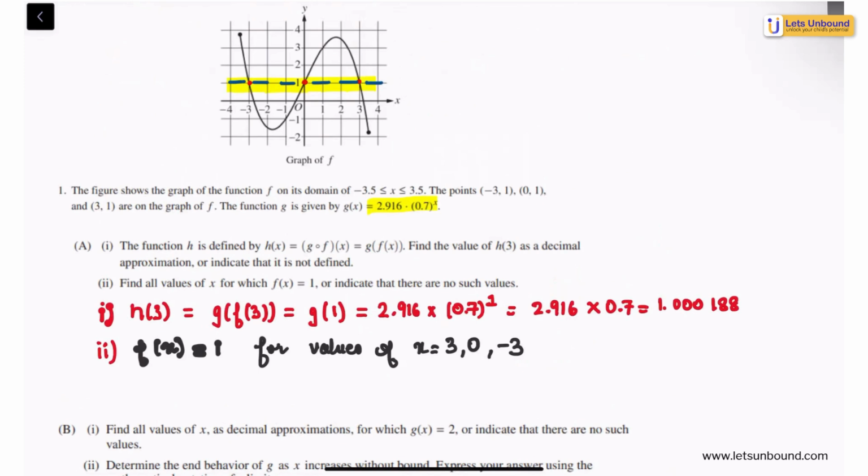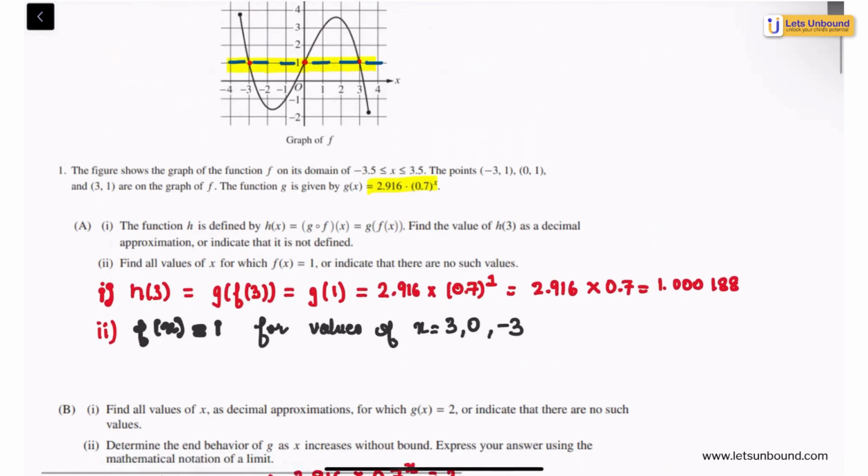What is the horizontal line test? The horizontal line test says that for one value of y, there's only one corresponding value of x. But for f(x) equal to 1, we can see there are 3 corresponding values of x, which are -3, 0, and 3. In such a case, we say it fails the horizontal line test and hence does not have an inverse function.